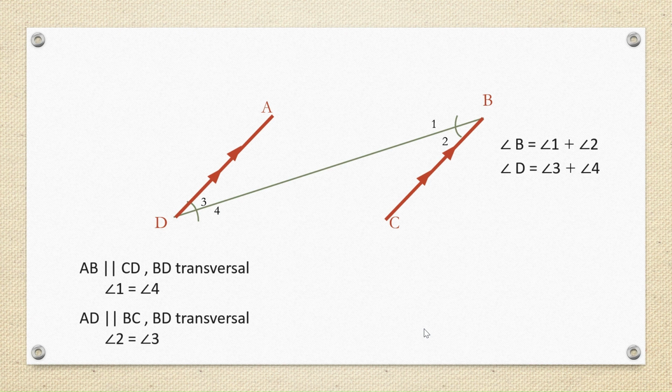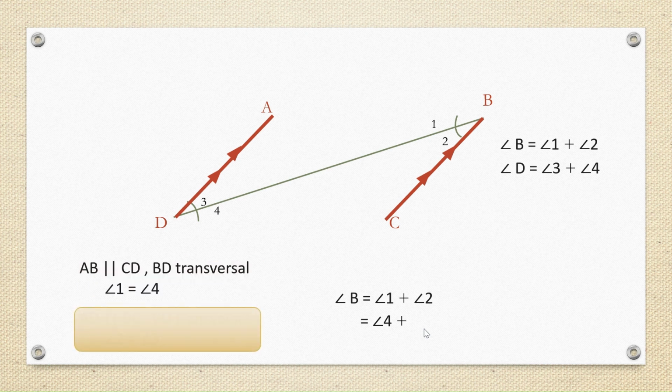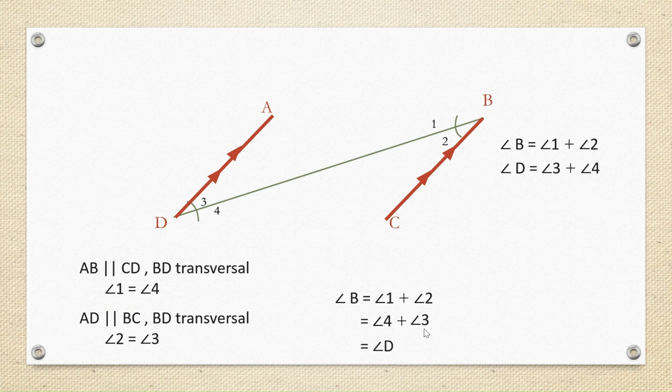Now consider the first statement that angle B is equal to 1 plus 2. In this, in place of 1, we can write angle 4, as angle 1 equals angle 4, and in place of angle 2, we can write angle 3, as we have both the angles 2 and 3 equal. Now substituting the value, angle 3 plus angle 4 is nothing but angle D. These angles are opposite angles in the parallelogram.